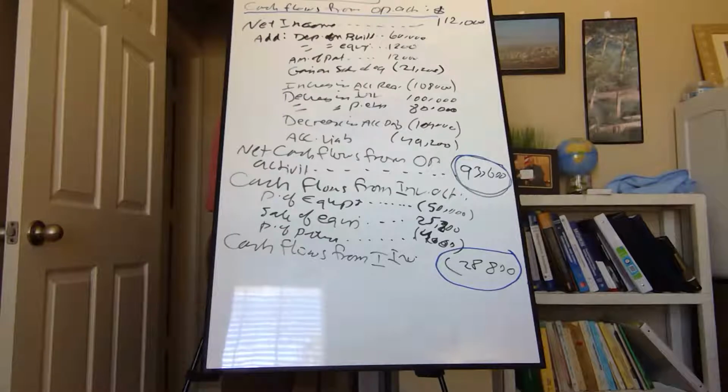And then we have 6,000 shares for $40 par value stock for a total of $200,000 and paid cash dividends of $36,000.